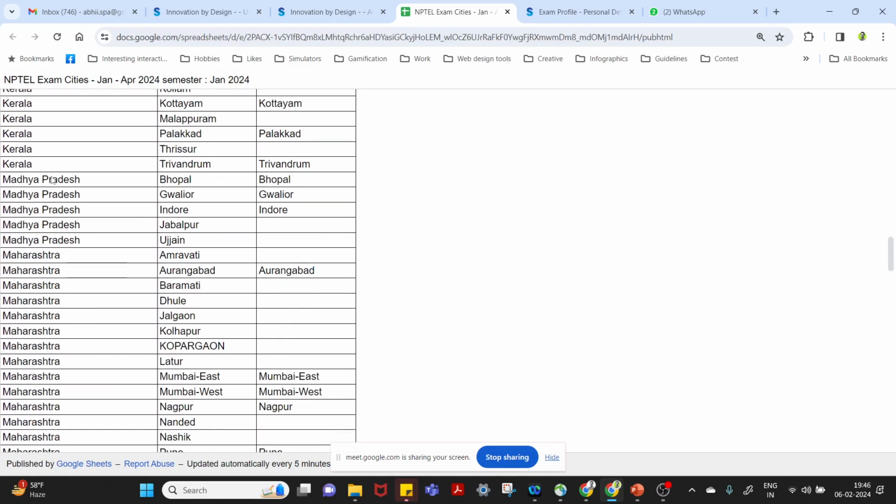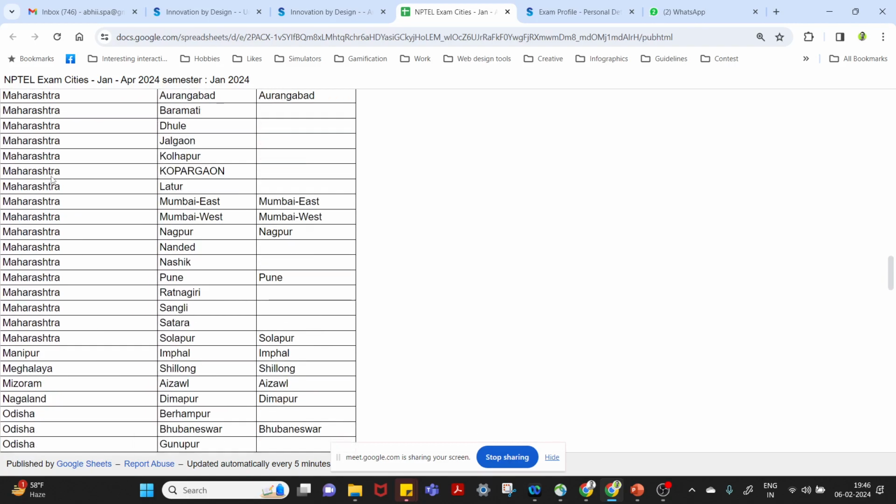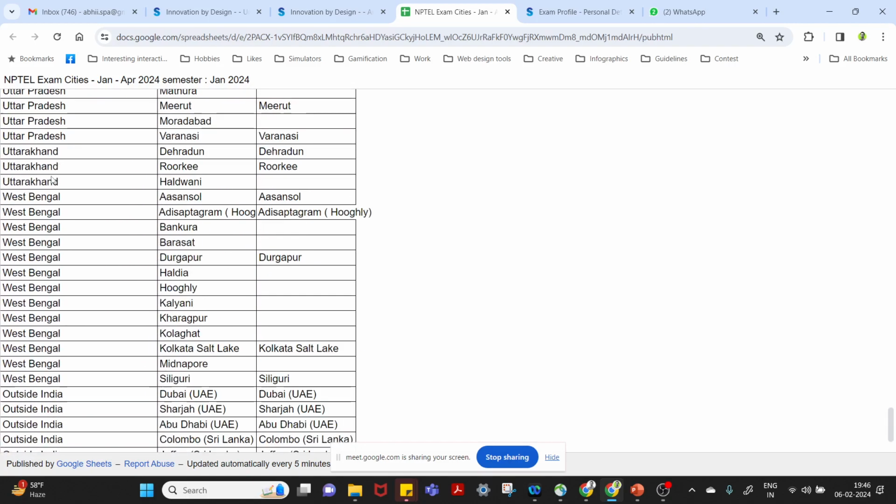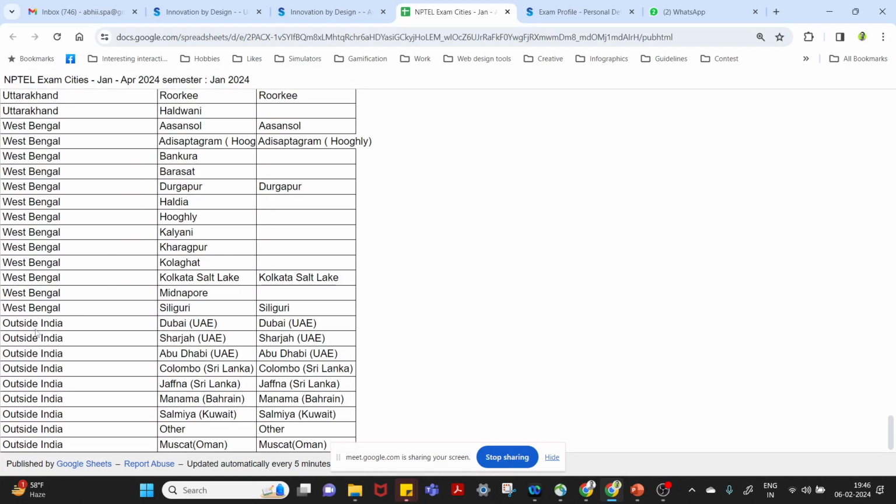So these are all the states which are mentioned, and you can opt for the cities. You see outside India as well, you have cities in Dubai, Sharjah, Abu Dhabi, Colombo, Jaffna, Bahrain, Kuwait, and Muscat.